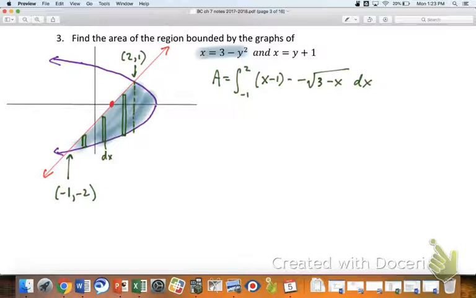That would get you to the dotted line, and then you'd have to add to that another integral, from 2 to 3, I guess. You could go square root of 3 minus x dx, doubled, right?